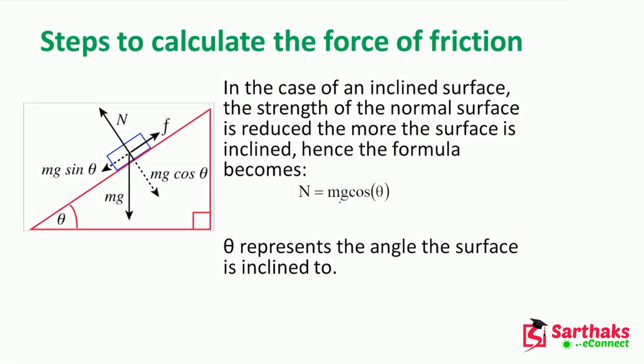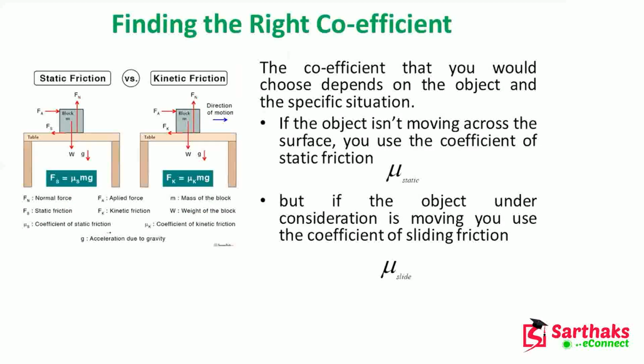If you have no angle, and you are keeping the body on a plane surface, then it will be mg, where theta is the angle between this inclined surface and the plane. Okay, so this is the theta.